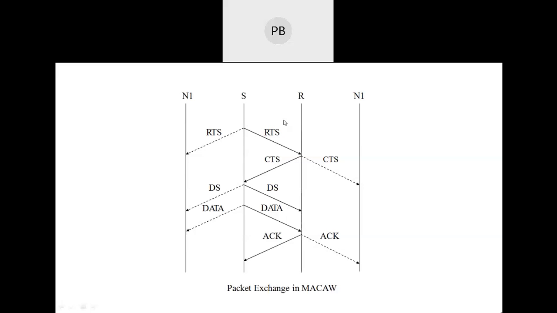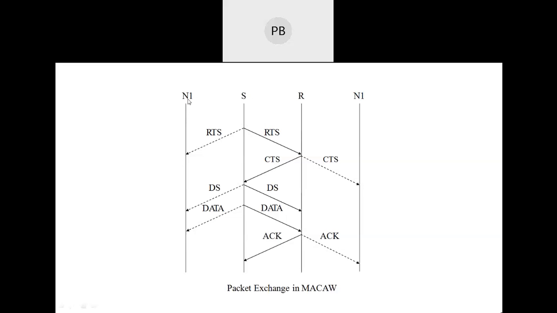Since it is a sender initiated protocol, the sender initiates the transmission by sending an RTS request to its neighbors. Currently for S, that is the sender, there are two neighboring nodes: one is N1 and the next one is R.